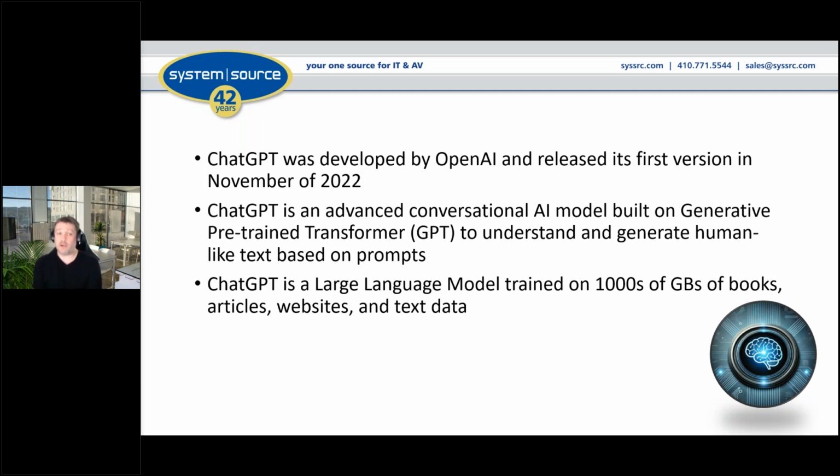Now, the first version of ChatGPT came out in November of 2022. Since then, they have progressively built more models. The models continue to improve in complexity and ability to replicate human communication and human thought. ChatGPT, like most Gen AI, is an advanced conversational model.